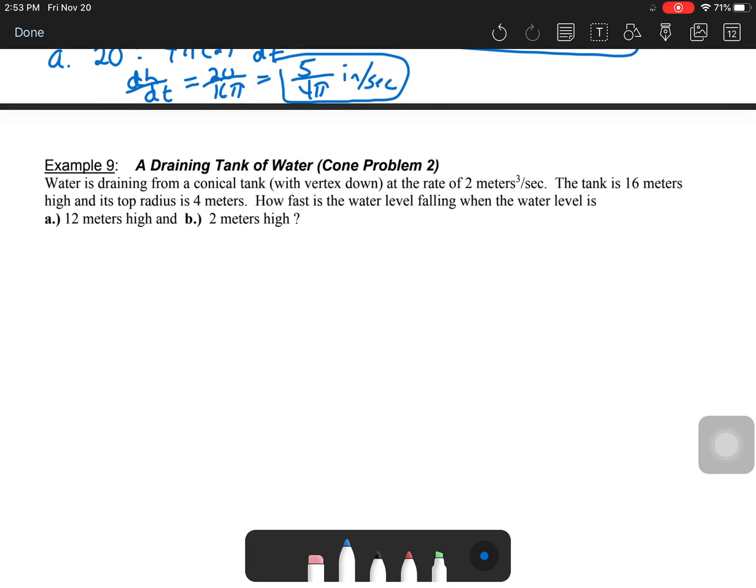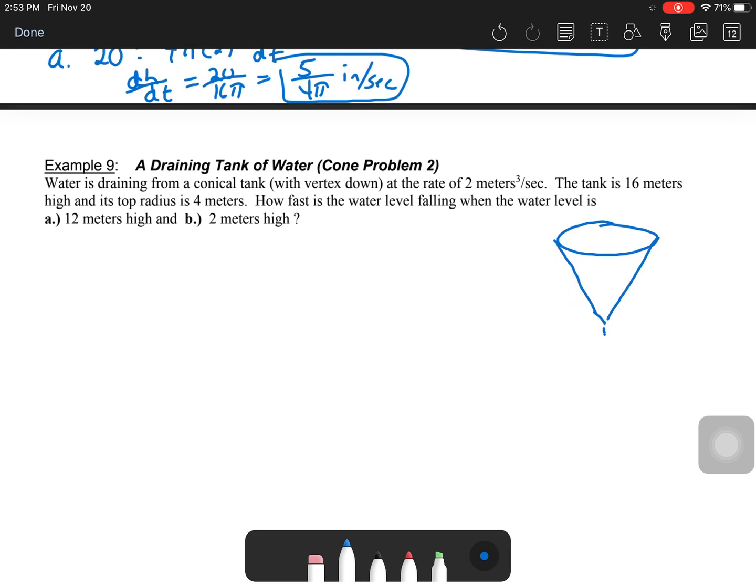All right, example 9. On this one, it's a cone problem. This time it says water is draining from a conical tank, so we'd be visualizing a cone-shaped tank that's probably sitting like this, and then the water's coming out the bottom.